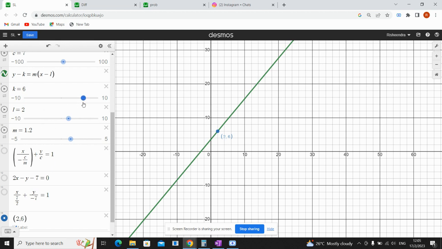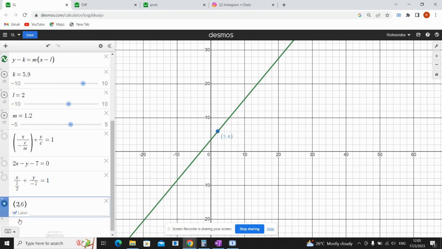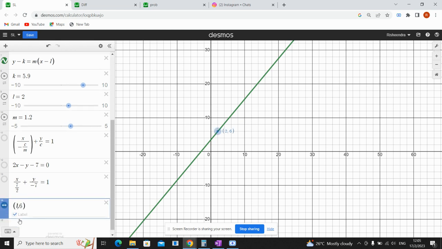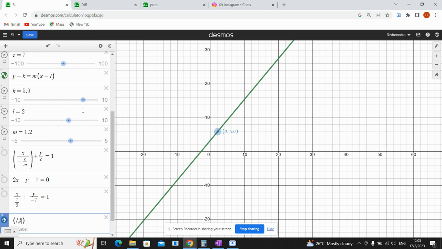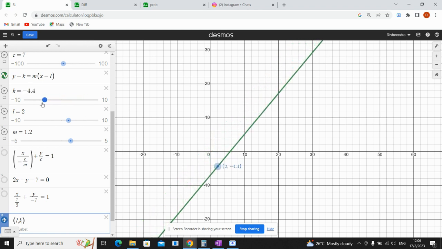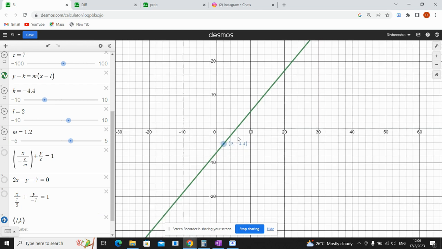Similarly, if I change the coordinate for this point, this can be clear. Let's change the point to quadrant 4. Look at here.